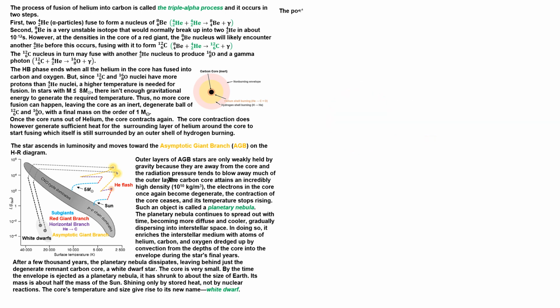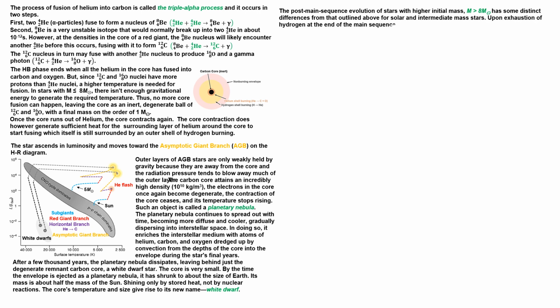The post-main sequence evolution of stars with higher initial mass has some distinct differences from that outlined above for solar and intermediate mass stars. Upon exhaustion of hydrogen fuel at the end of the main sequence, such stars again expand in radius because of the overluminosity of hydrogen shell burning.